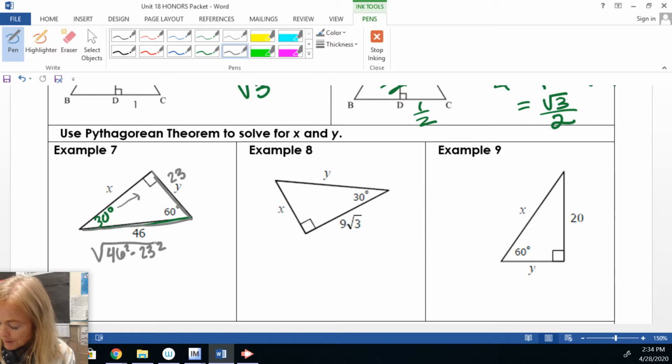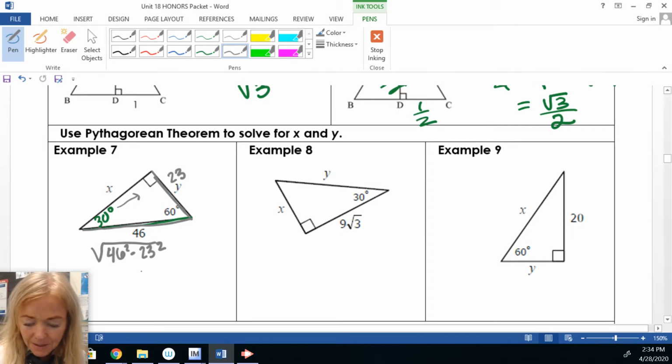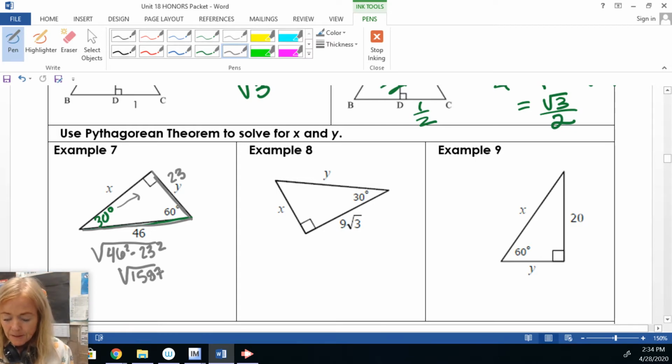Without the radical sign it is radical 1587. And it's because it has a radical 3 on the denominator. Anyway, let me see if maybe I do radical 1587, it will simplify it for me. Nope, it won't.